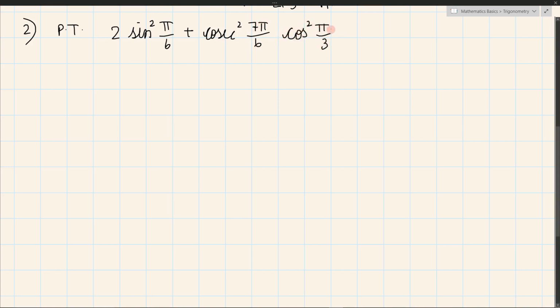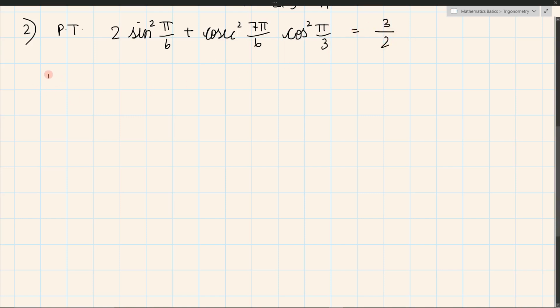Question number 2. We have to prove that 2 sin² π/6 + cosec² 7π/6 cos² π/3 = 3/2.